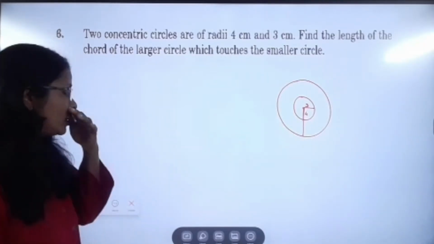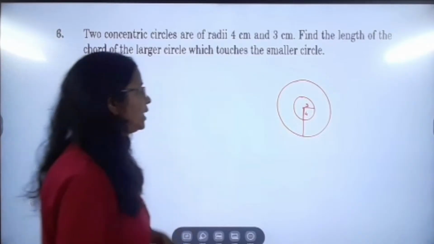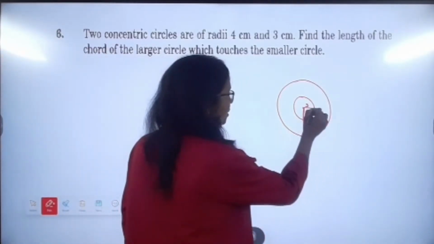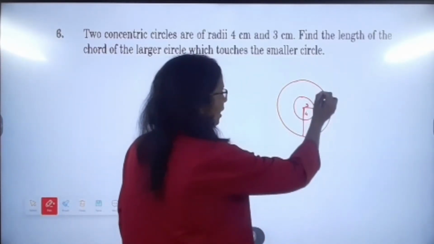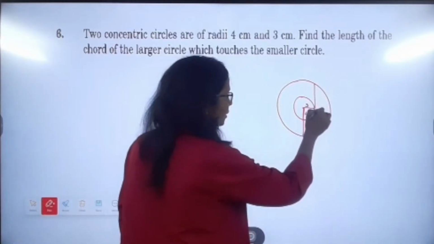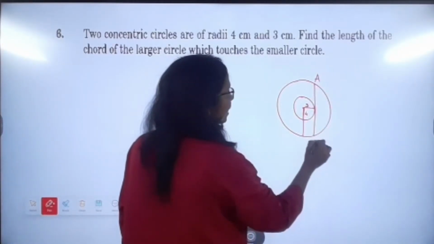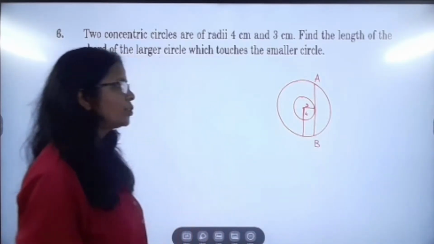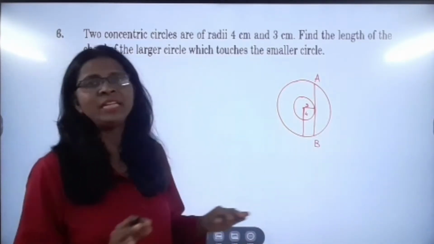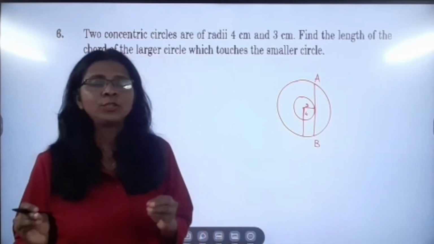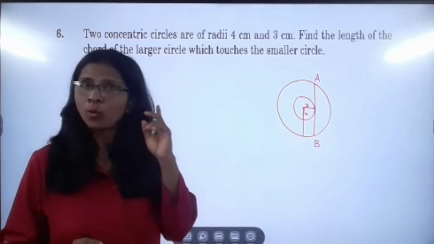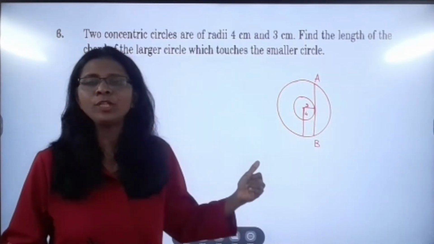How can we draw the chord of the larger circle? Suppose this is the larger circle and I draw the chord this way. So AB is the chord of the larger circle. Observe this figure carefully students.